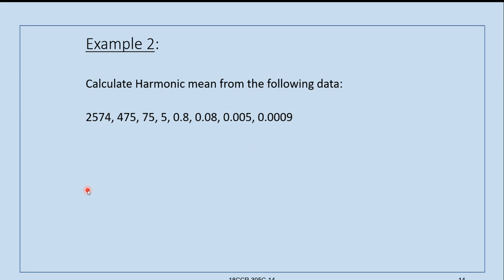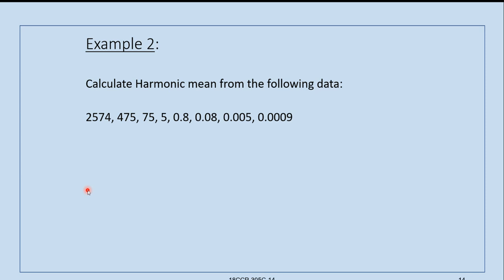Calculate harmonic mean for the following data: 2574, 475, 75, 5, 0.8, 0.08, 0.005, 0.0009. Again, these values are taken in the first column X, and in the second column we will take the reciprocal values.